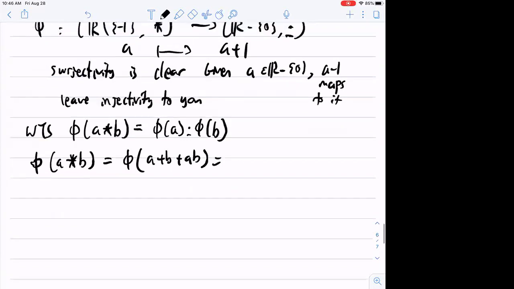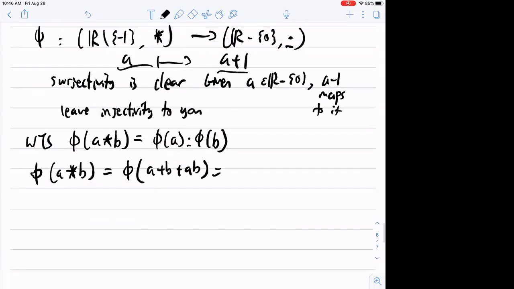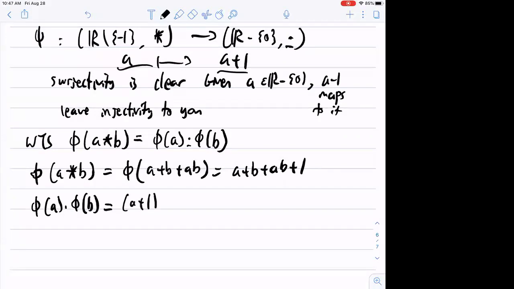And what does phi do to it? It sends it to +1, so A plus B plus AB plus 1. And then let's check what this is: phi of A is A plus 1, times phi of B, which is B plus 1. And if you FOIL, you should get the same result.